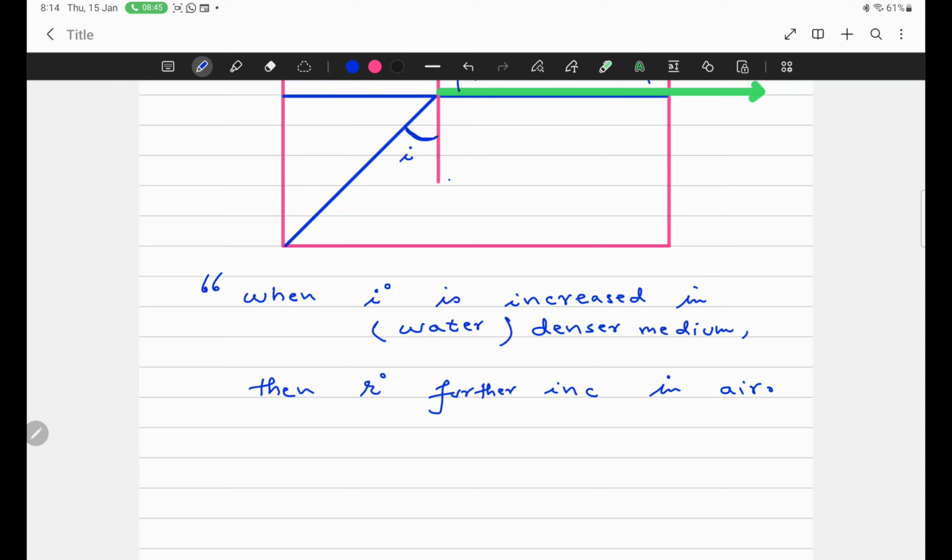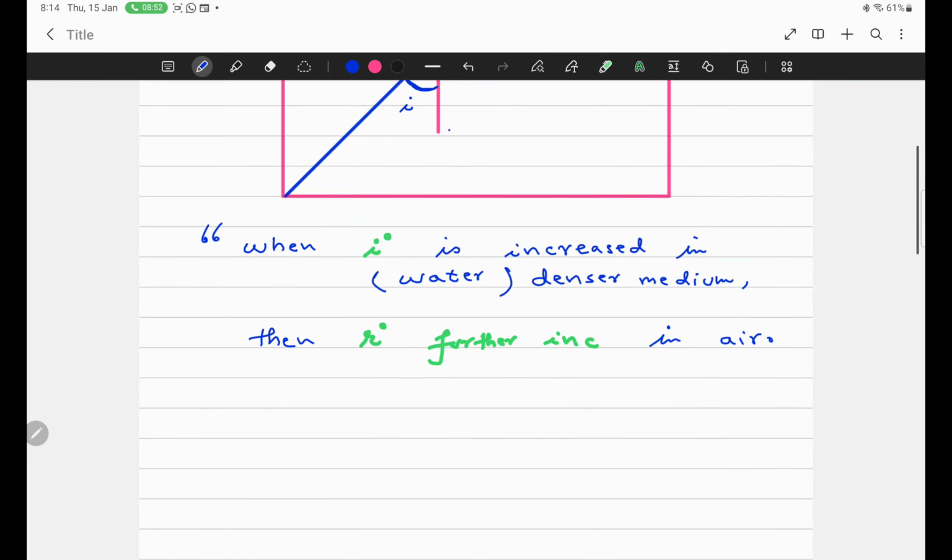You are increasing angle I, then angle R is further increasing in air.